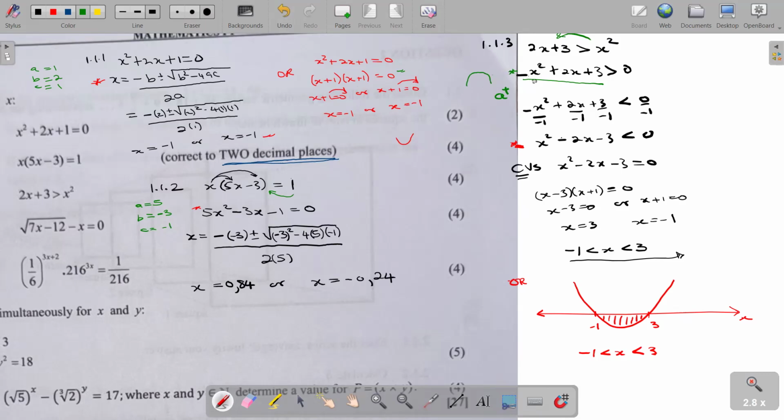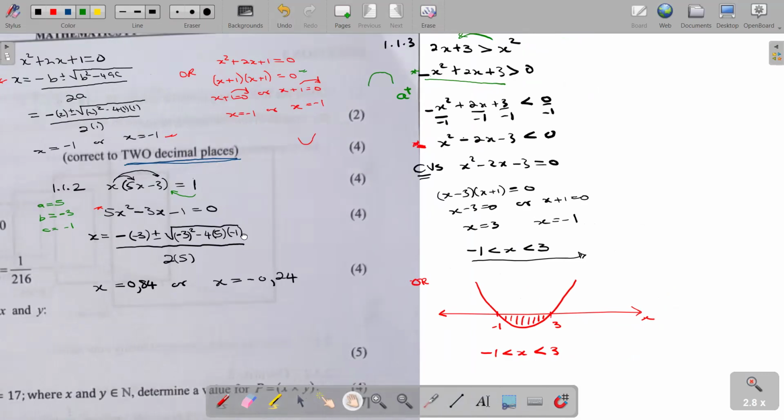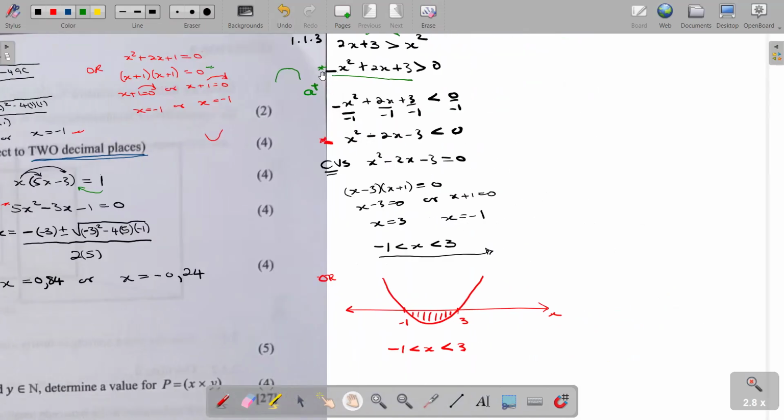So if we were to use this, even using the quadratic formula, you're still going to get the same critical values which we obtained here. Then from there, your graph was going to look like this.